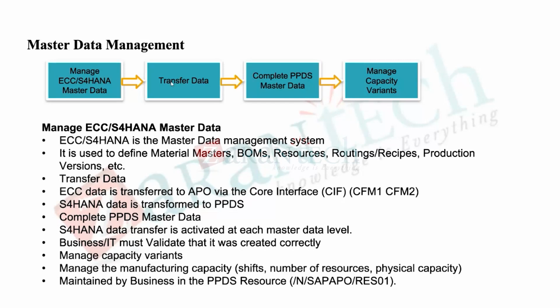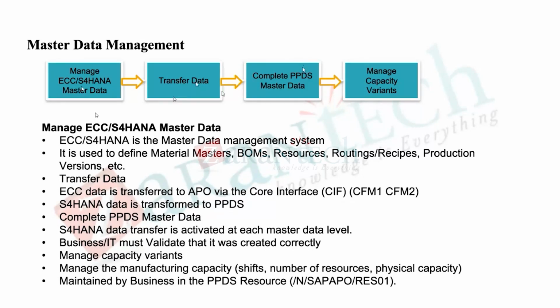Can anybody guess? Like, we have heard the word embedded for this one. Absolutely. It is the embedded PPDS, because it is embedded. Okay, that's great. So when it comes to ePPDS, practically you do not transfer the data actually. You just do the enabling of the data so that it is available for PPDS.